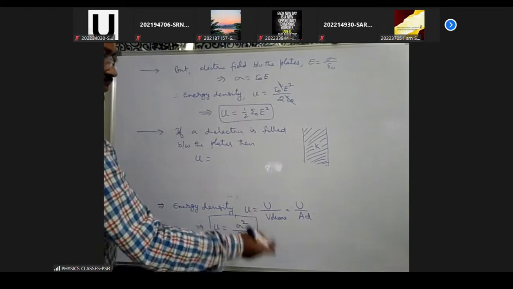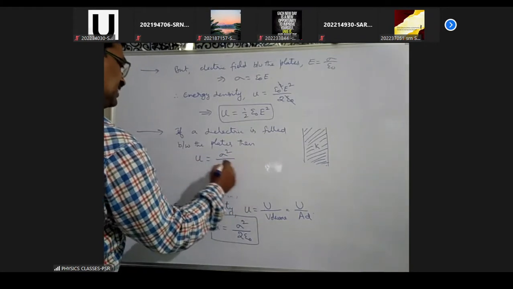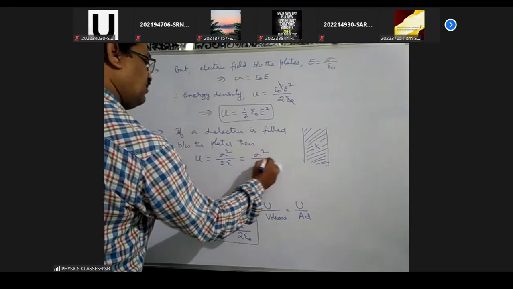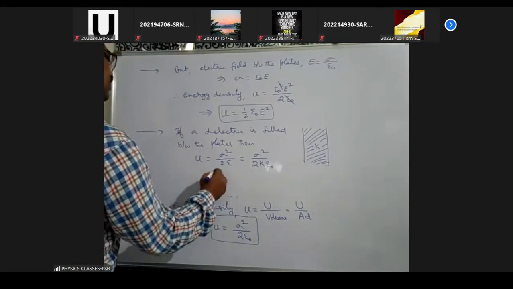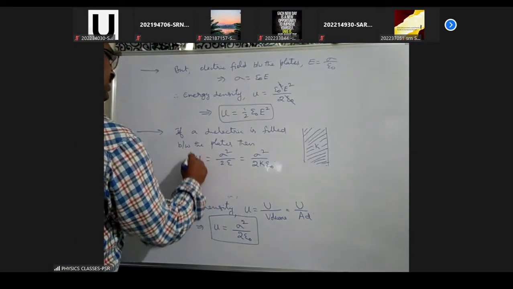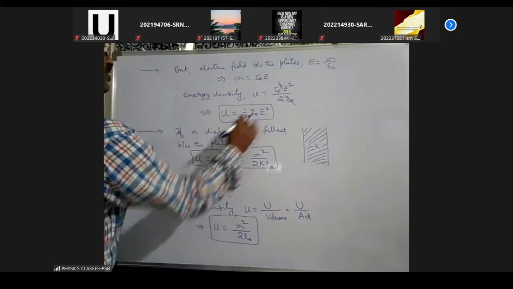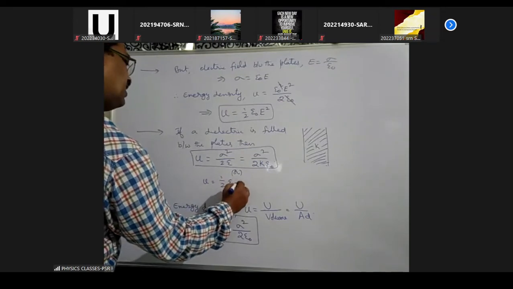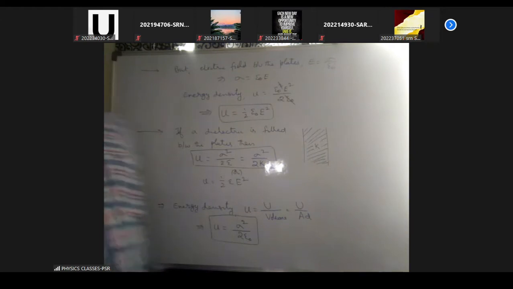Instead of epsilon naught, we write epsilon. Sigma square by 2 epsilon can be written as sigma square by 2 K epsilon naught. This is one formula. According to this, u is equal to half epsilon E square.